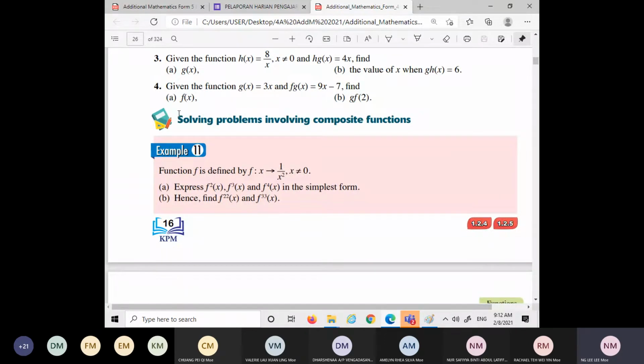Please write your index for today. This is your index for today: solving problems. Straight away we'll look at example 11.